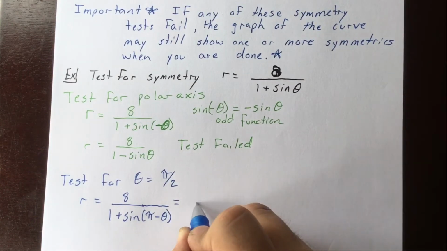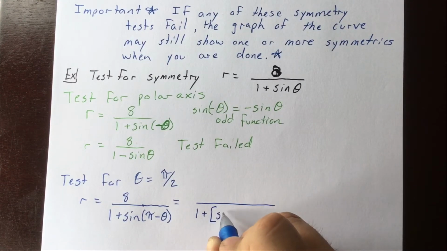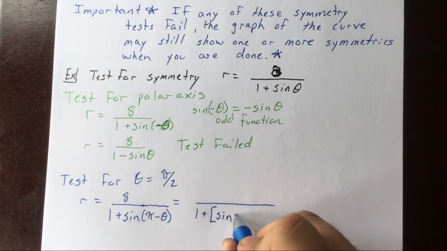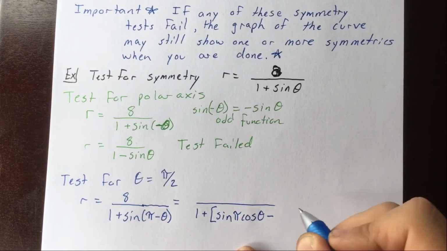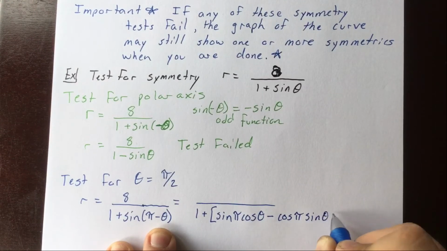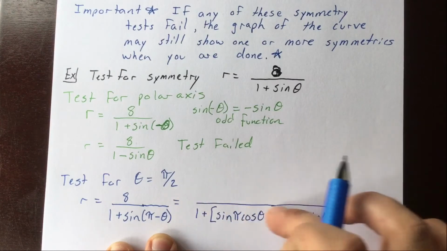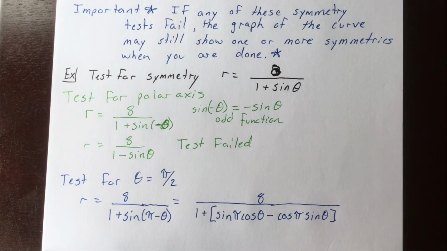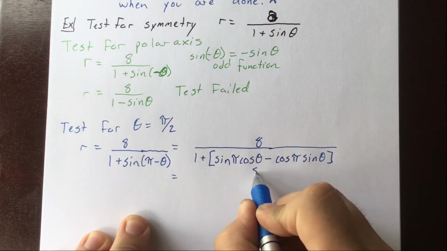The sine identity is sine, cosine, cosine, sine. So sine of the first, cosine of the second. If I'm subtracting, we're subtracting cosine of the first, sine of the second. Notice I did the bottom before the top, so I knew exactly how long my fraction bar would be. We have that, and then moving on, simplifying at this point.